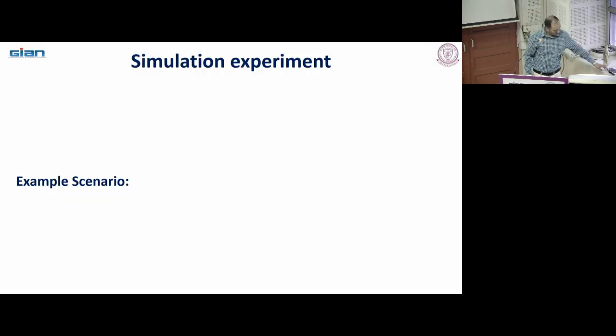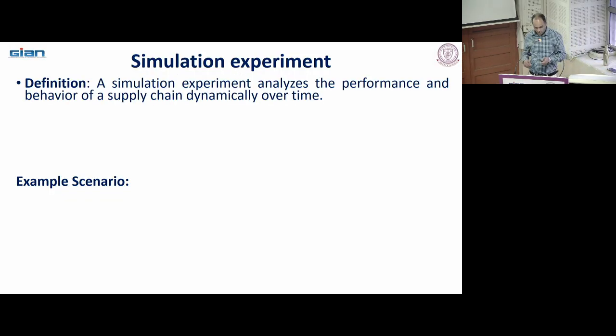So here you can see, in simulation we can analyze the performance and behavior of the supply chain dynamically over time. If you want to see dynamically what's happening in the supply chain, your logistics, warehouse, for that purpose normally we go for simulations.